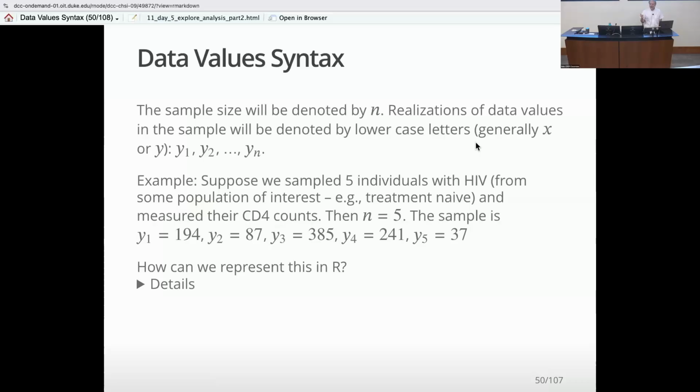And so n is equal to 5, a sample size of 5 individuals. Here are the values: for individual 1, CD4 count is 194. For individual 2, it's 87. For individual 3, it's 385. For individual 4, it's 241. And for individual 5, it's 37.